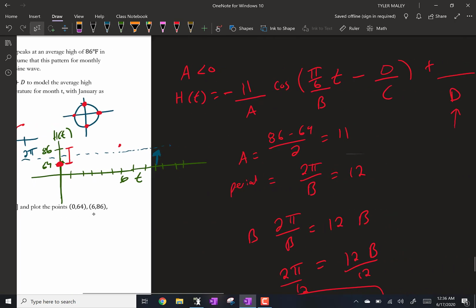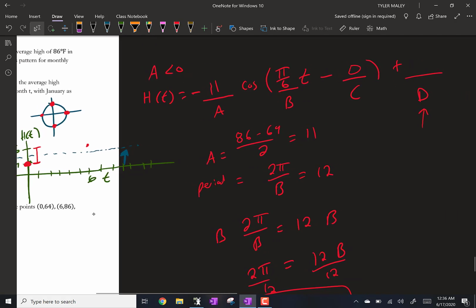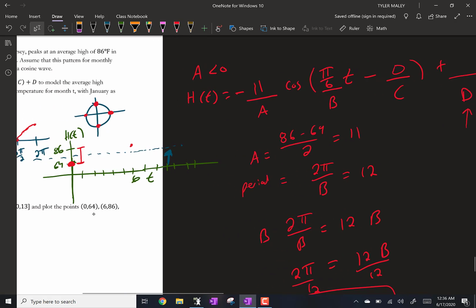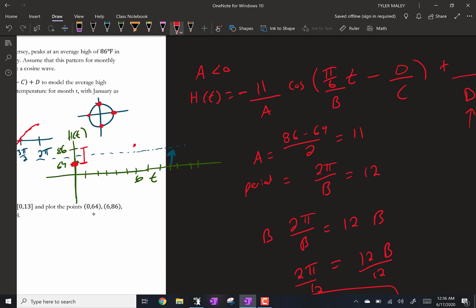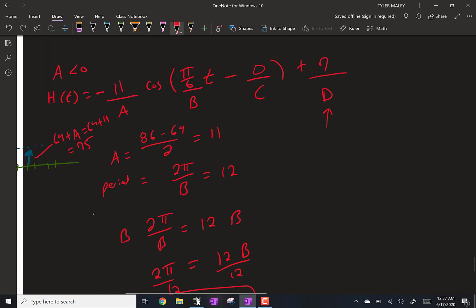So I need to take 64 plus the amplitude, which is 64 plus 11, which is 75. So this corresponds with 75. That's the vertical shift upward, because it's like you shifted the x-axis, that dashed line, up.